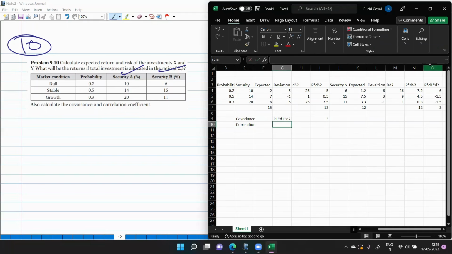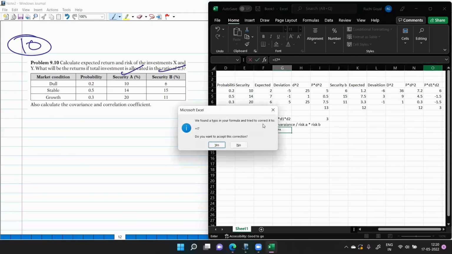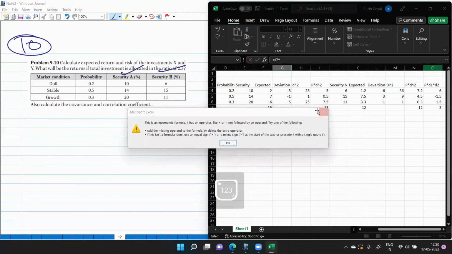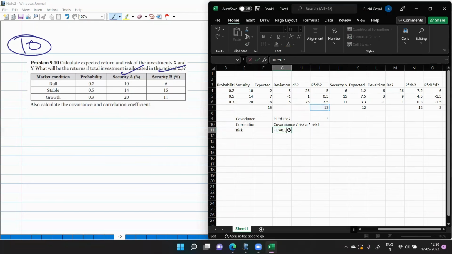How does correlation come? Correlation is nothing but covariance divided by risk of security A into risk of security B. Now how will I find this risk? I take the square root of this variance. So risk, that is the standard deviation of security A, I can take the root of this. And risk of security B is this raised to the power root.